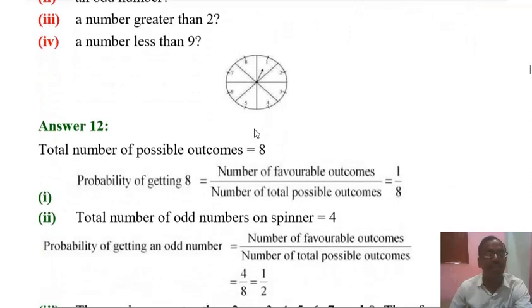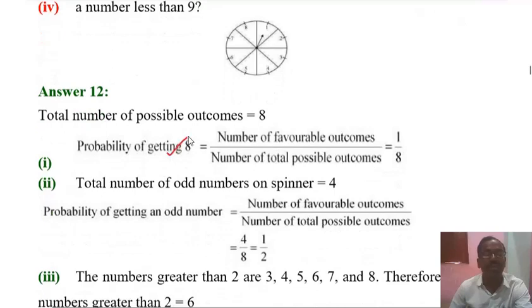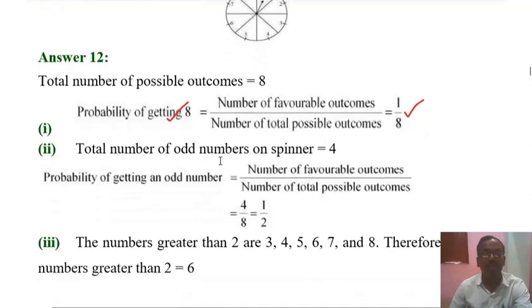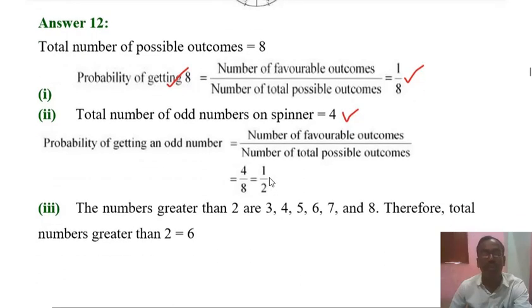So let's see, the probability of getting 8 equals 1 by 8. There is no problem, I have already discussed it. The total number of odd numbers on the spinner is 4, so the answer will be 1 by 2.